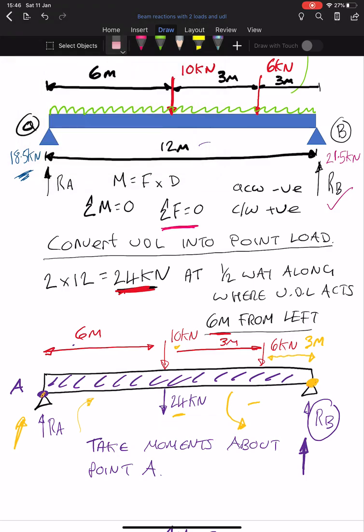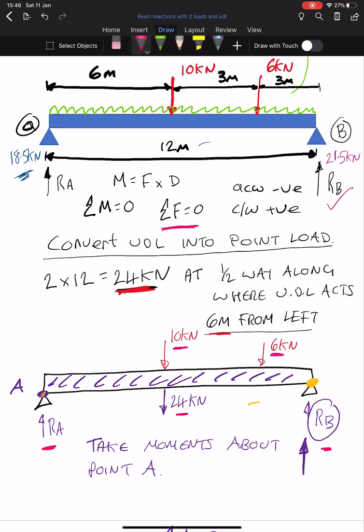We know that we've got 10, 6 and 24 coming down. So that's the forces coming down, and we've also got RA and RB coming up.